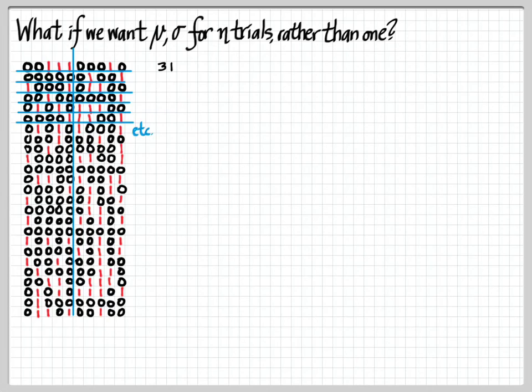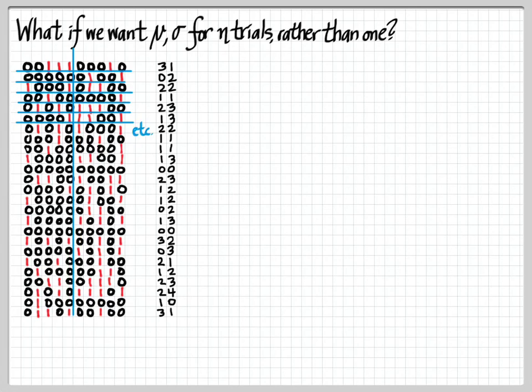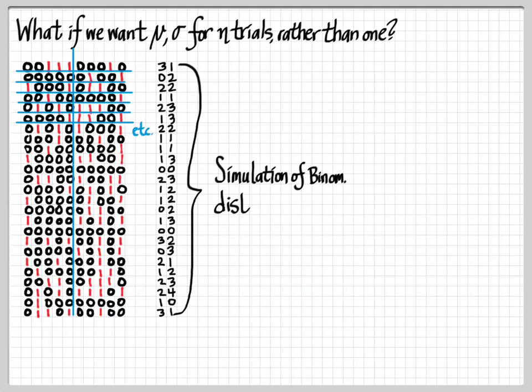If I look at the next clump, I got 1 success out of 5. The next clump, I got none. Those are all zeros. And so on and so on. So if I write all those down, how many successes did I get out of 5 trials? I get that list. And what I've created here is a simulation of the binomial distribution with n equals 5 and p equals 1/3.